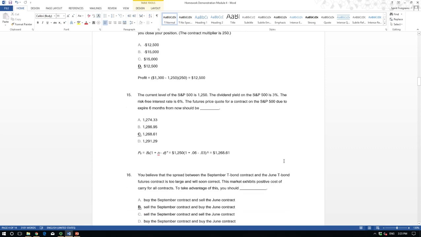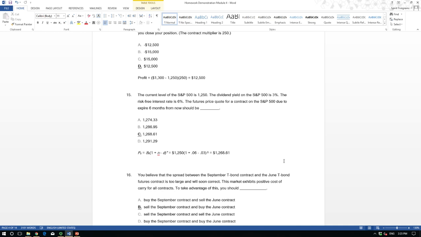Number 15, the current level of the S&P 500 is 1250, dividend yield 3%, risk-free rate 6%, and the futures price quote for a contract on the S&P 500 due to expire 6 months from now should be equal to what? Okay, here you follow the futures pricing equation.